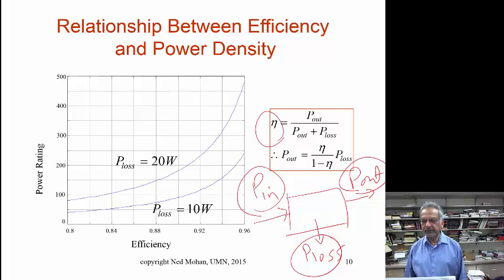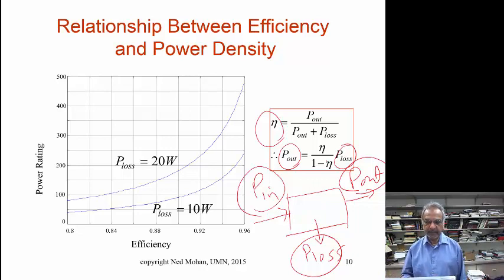Then we can manipulate this equation and write the output power as a function of P loss in terms of the efficiency. And you can see that efficiency plays a great role in how much power could be throughput, can be transferred through this power electronics equipment.